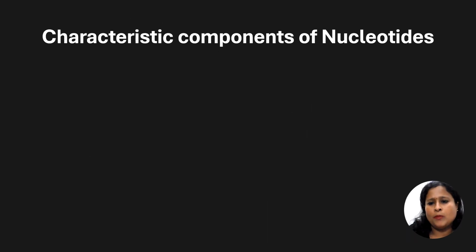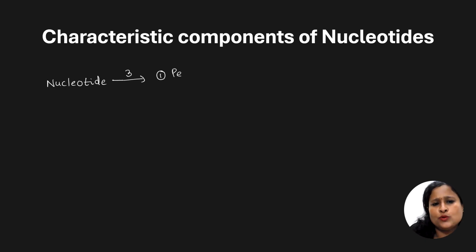If we talk about the components of nucleotide, a nucleotide has three main components. What are they? Number one is the pentose sugar.